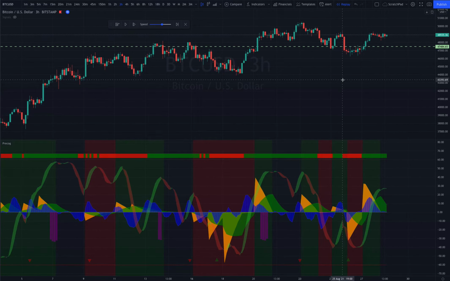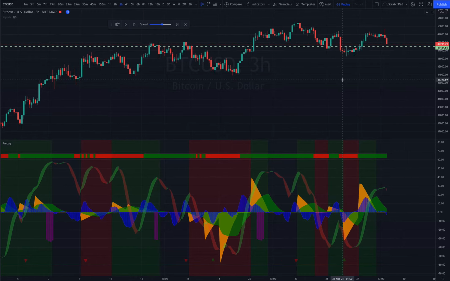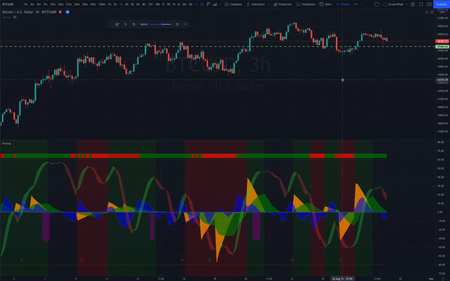And even though it's still sideways, man, do you guys remember that? It was just like sideways forever. It felt like.